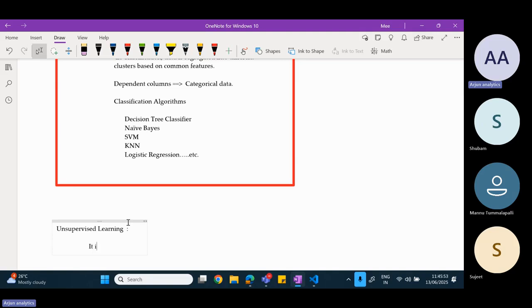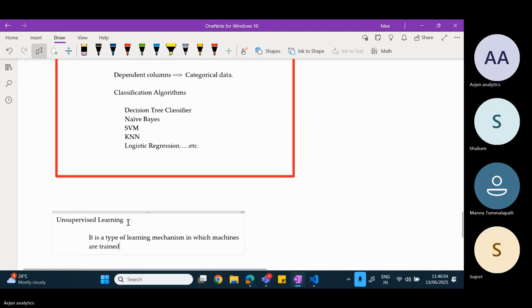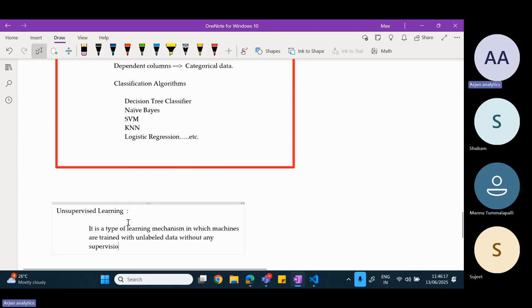So it is a type of learning mechanism in which machines are trained with unlabeled data without any supervision.